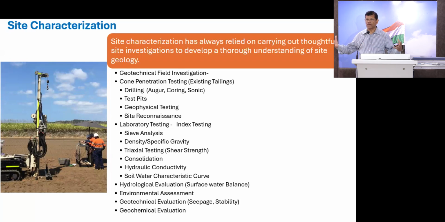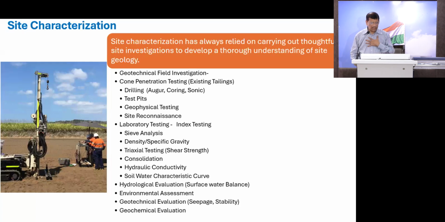But further on, whether we go centerline or upstream, the tailings characteristics are very important. So in the raising process, we go back to the tailings, collect samples from there, and check how strong those tailings are.